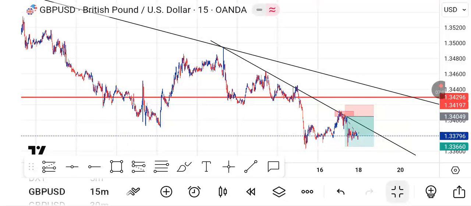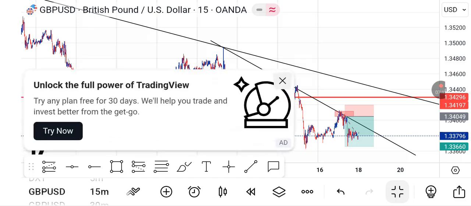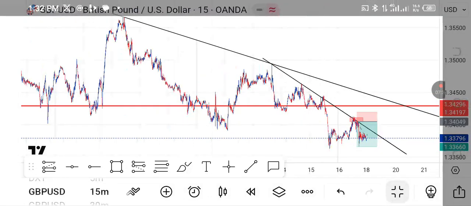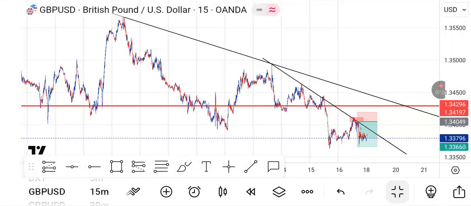When I don't see a setup like this, I don't trade the market. I just stay away. So I analyze and wait. Let it play. Things like this, I engage. I trade.